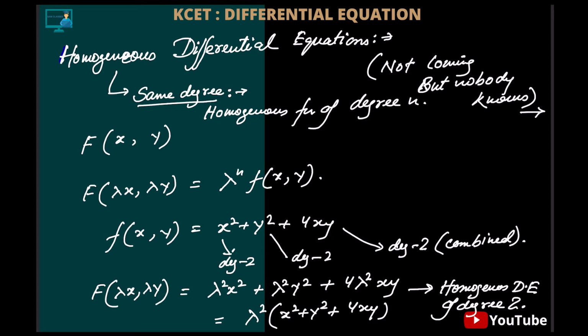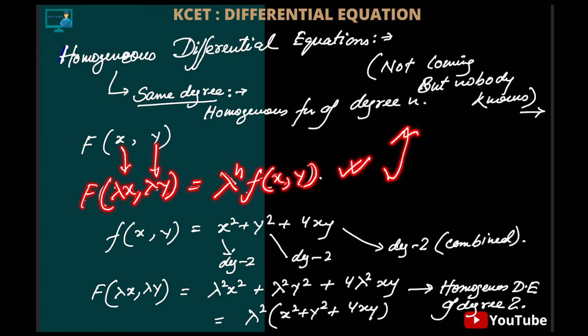Let's say I have a function f of x comma y, which depends on x and y. The moment I substitute x with lambda x and y with lambda y, if I see the function change by lambda power n, where n is the degree of the equation, so I get lambda to the n times f of x comma y, it is a homogeneous equation of degree n.